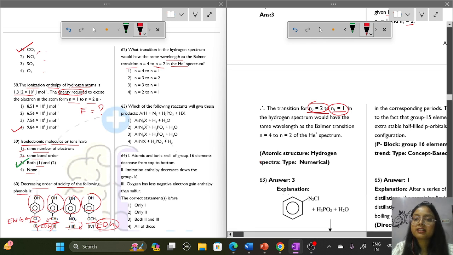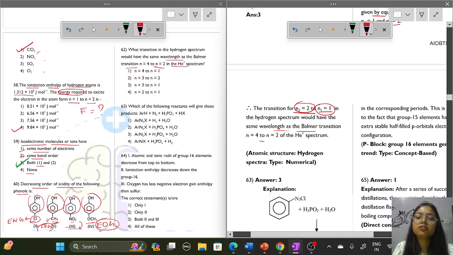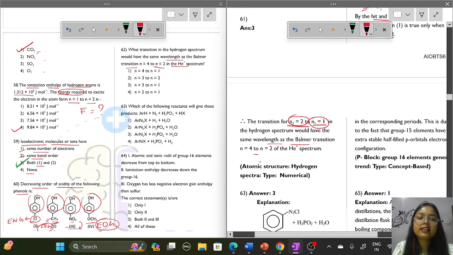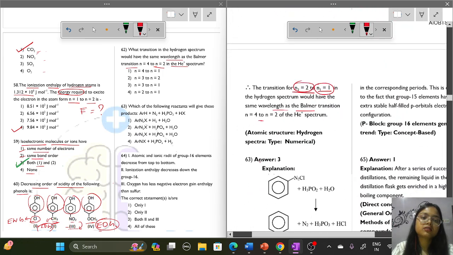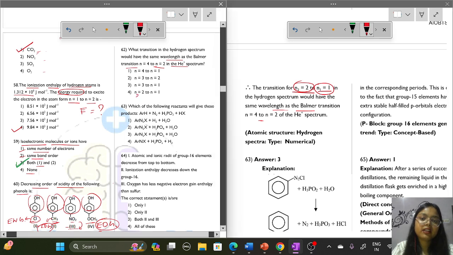The hydrogen spectrum would have the same wavelength as the Balmer transition for the transition n2 equals 2 to n1 equals 1. So the correct option here will be option number 4, where n2 is equal to 2 and n1 equals 1.